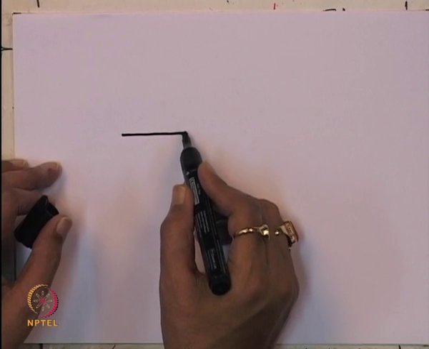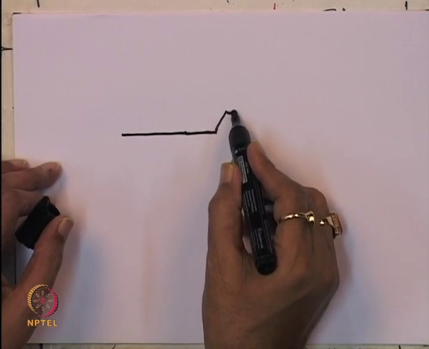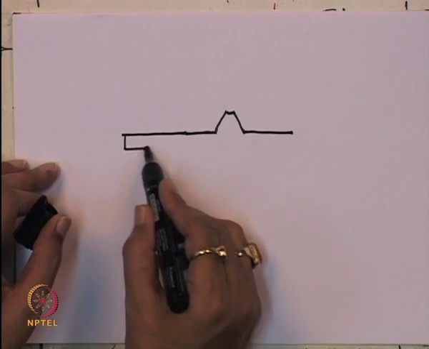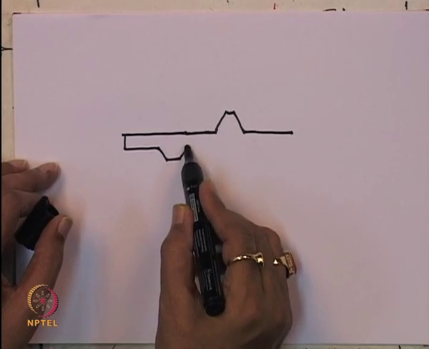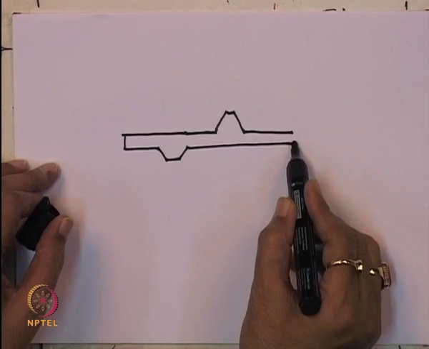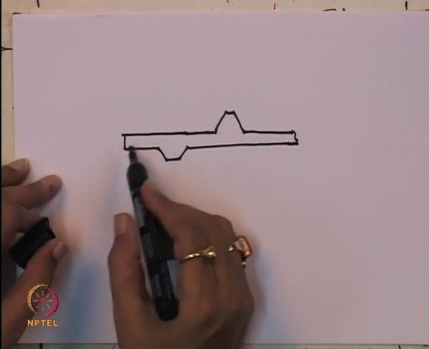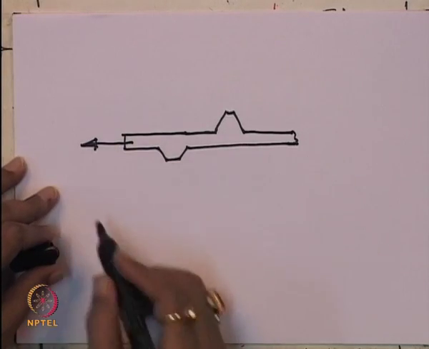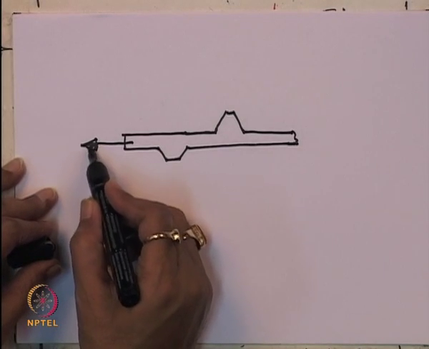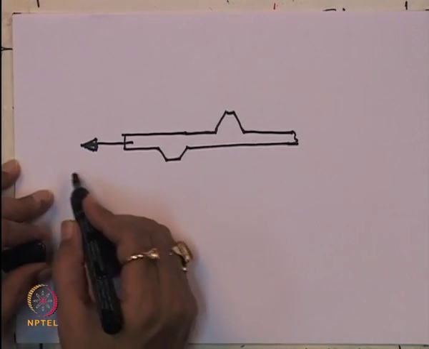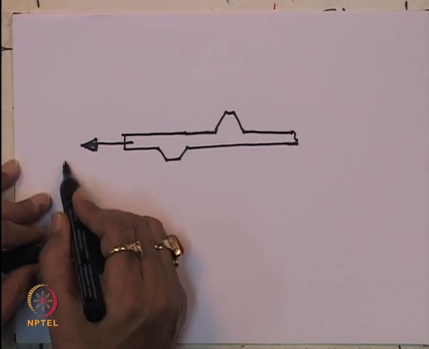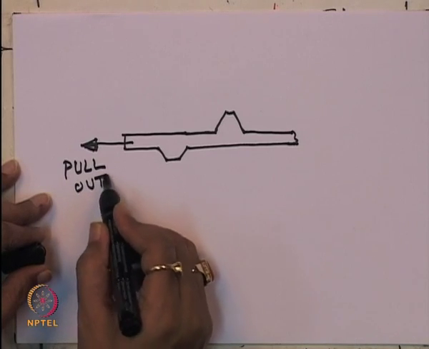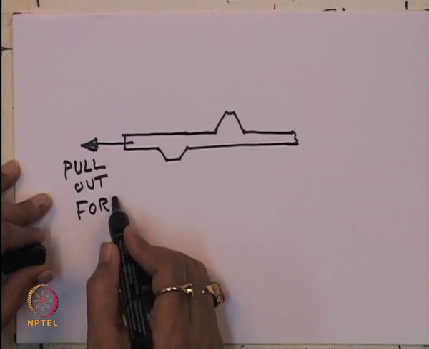Let us consider this is a kind of material like this, and you pull it out. This is pullout force, or you can say anchorage.